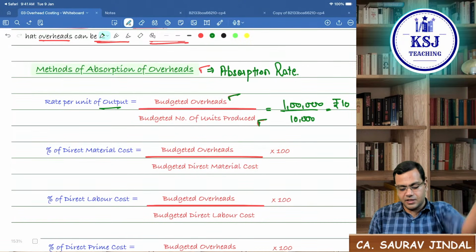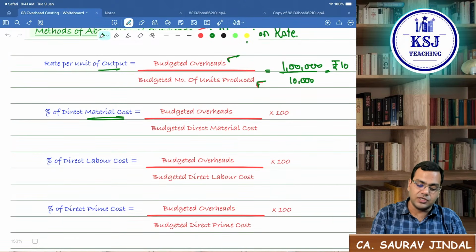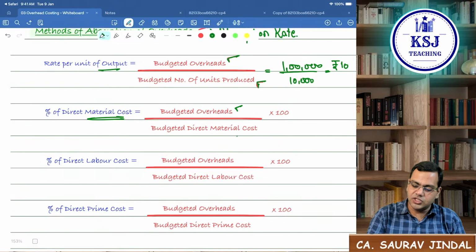The next method is on the basis of percentage of direct material cost. If last year my material cost was 1 lakh and my overheads were 50,000, I can say that my overhead is 50% of the material cost. So budgeted overheads divided by budgeted direct material cost into 100.